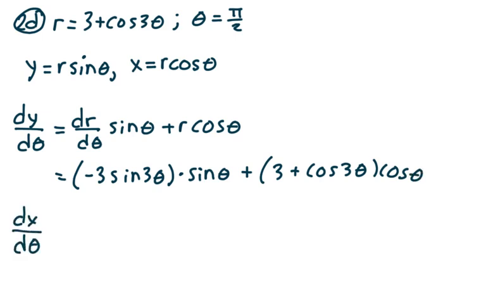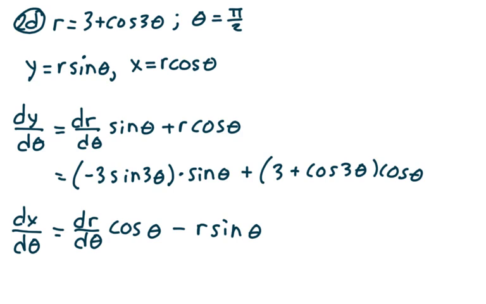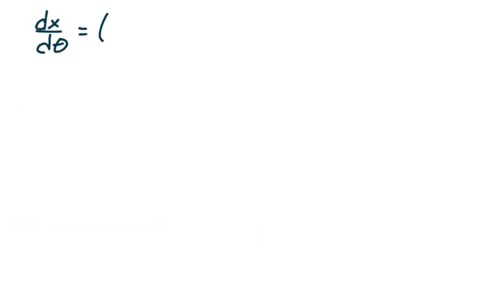dx/dθ. You get dr/dθ cosine θ minus r sine θ. And we've got to make our substitution again. So dx/dθ is, now dr/dθ is, so if we go back, dr/dθ is negative 3 sine 3θ, and then I'm going to multiply by cosine θ.